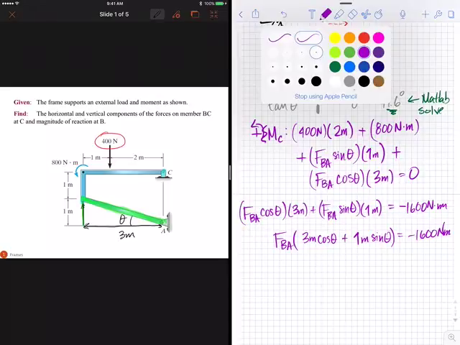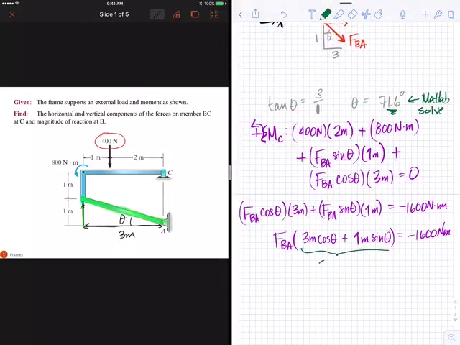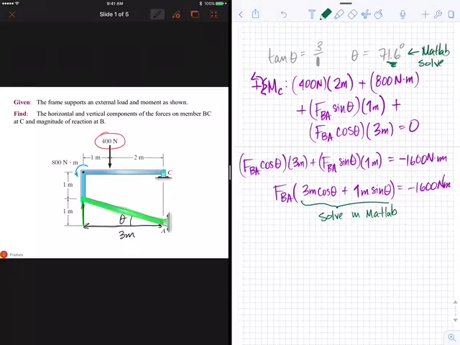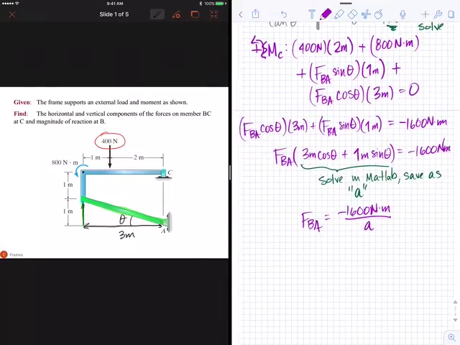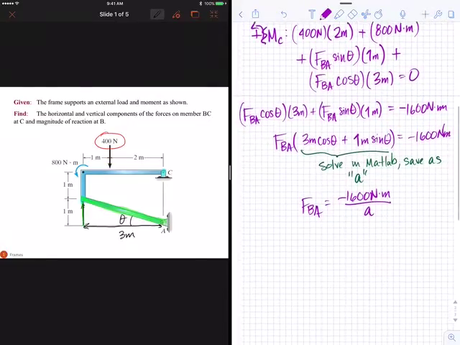So now, take this part and solve this in MATLAB. Okay? And save it as some variable. Let's save that as some variable A. And so then what you're going to do is solve for FBA equal to minus 1600 Newton meters divided by A. And that is, again, another MATLAB variable that you can then put in right away into Prairie Learn.